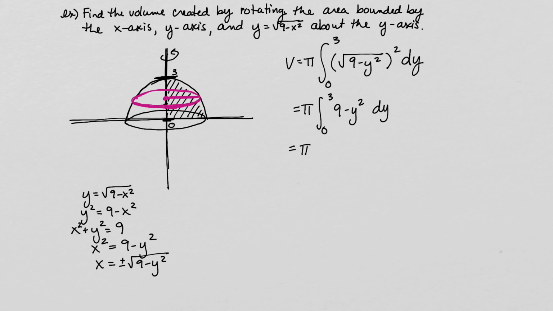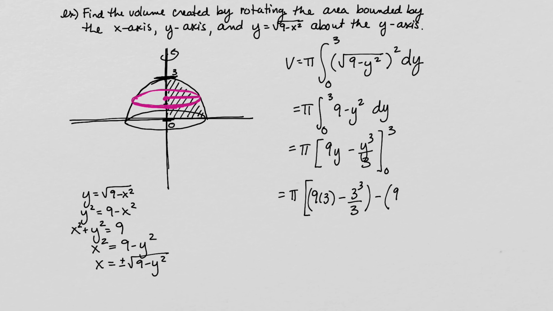So pi times 9y minus y cubed over 3, evaluated from 0 to 3. So we get pi times 9 times 3 minus 3 cubed over 3, minus 9 times 0 minus 0 cubed over 3.